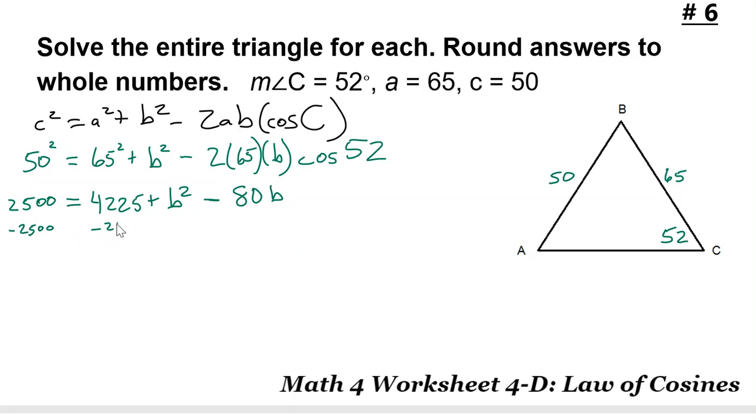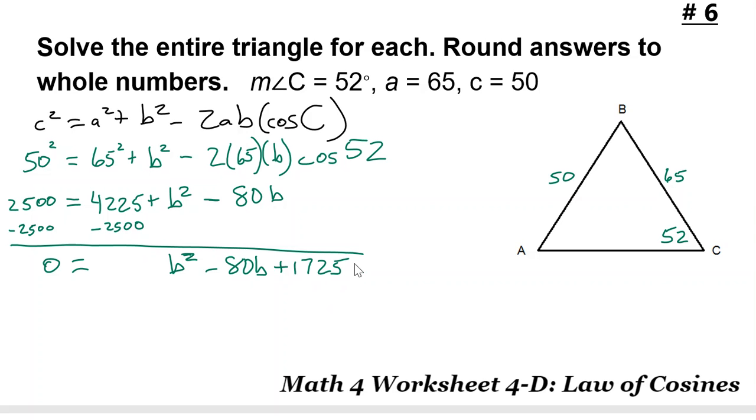I'm going to do this manually so that y'all can see where this is going. Now let's see now, 4225 minus 2,500 is 1725.